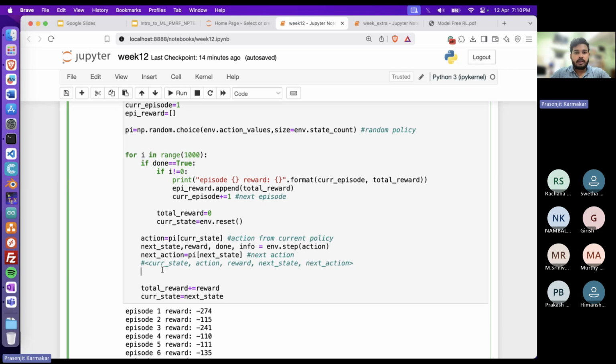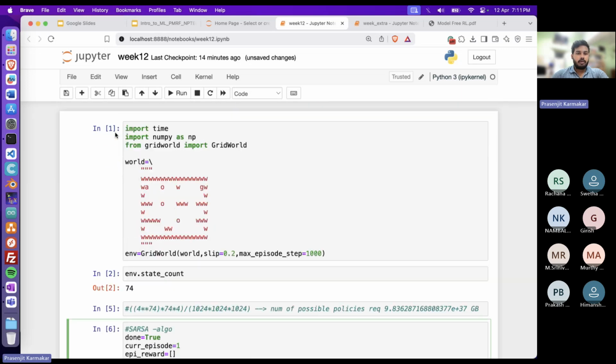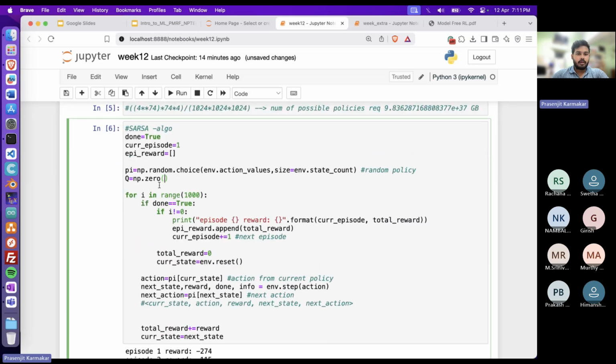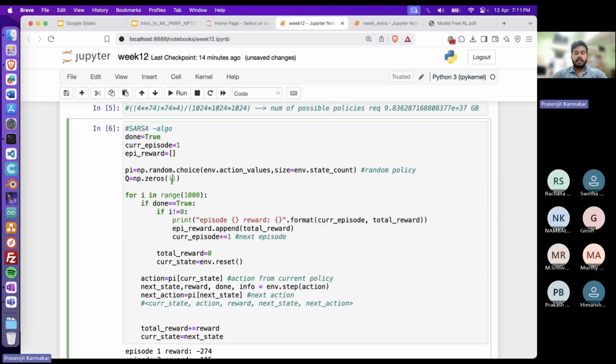Now do the update. Let's do a Q first. Q is equal to np.zeros, let's just initialize it to zero for now. And the shape I want is s comma a.